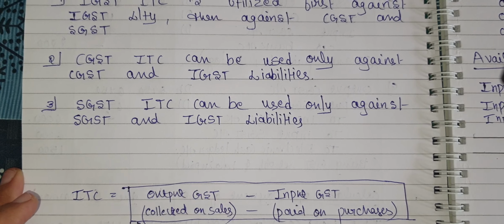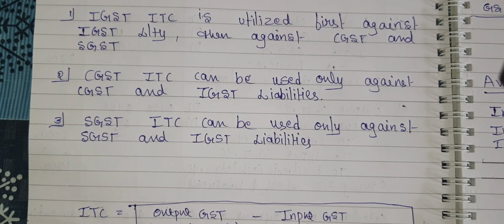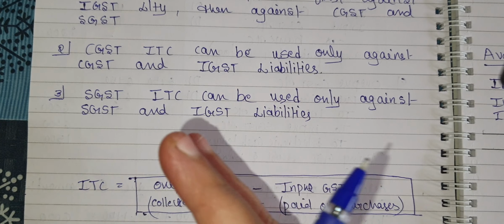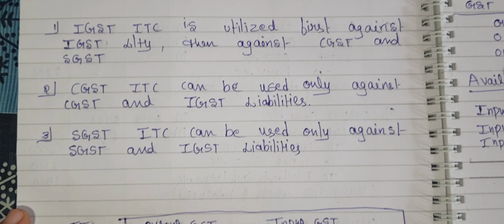So now we will see the GST set of rules, means how we have to utilize this input tax credit between IGST, CGST and SGST. Now we will see the rules.